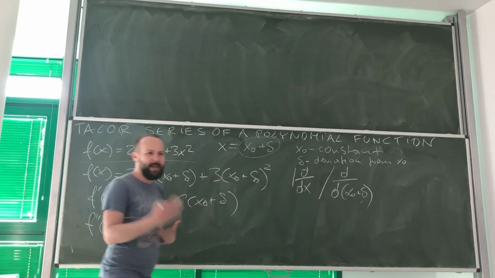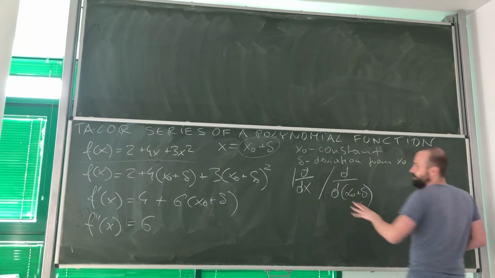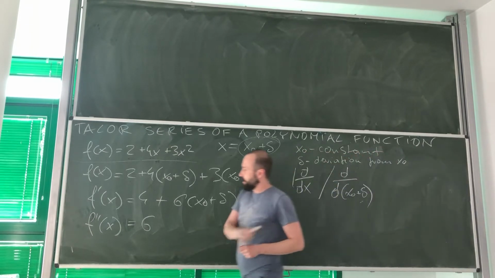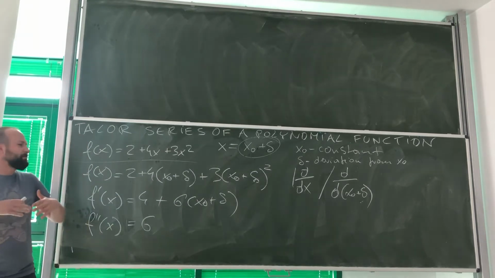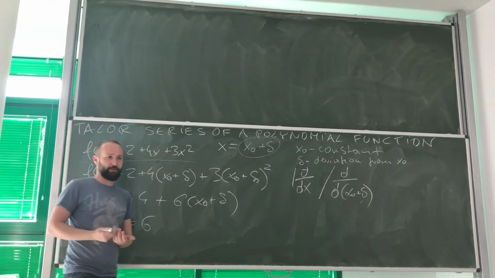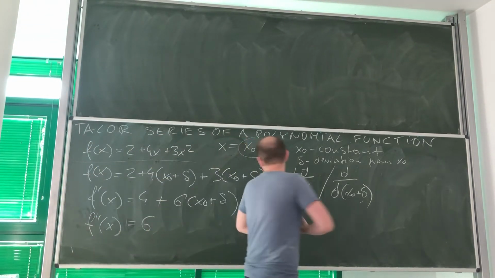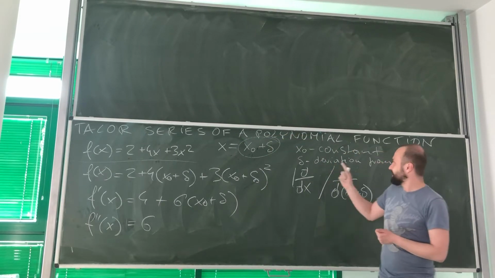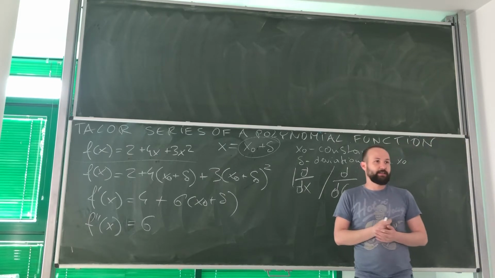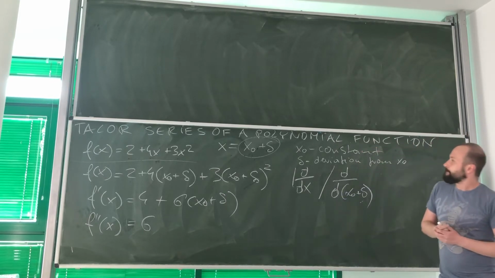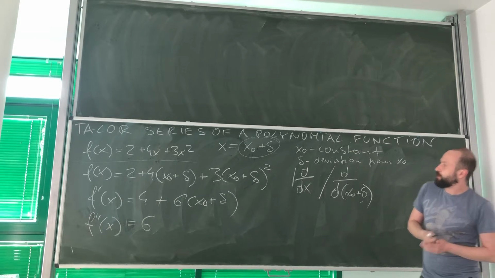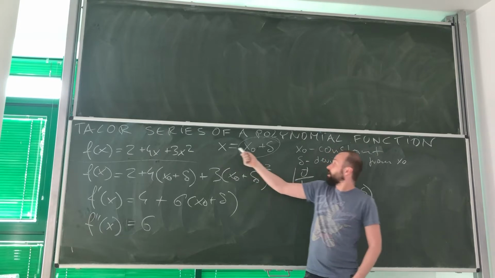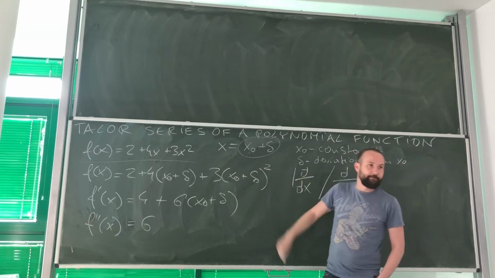So maybe, just maybe, instead of writing this function as a function of x, we can write an identical function, but not written in terms of x, but rather delta. Because if this is constant, the only change in x comes from change in delta.